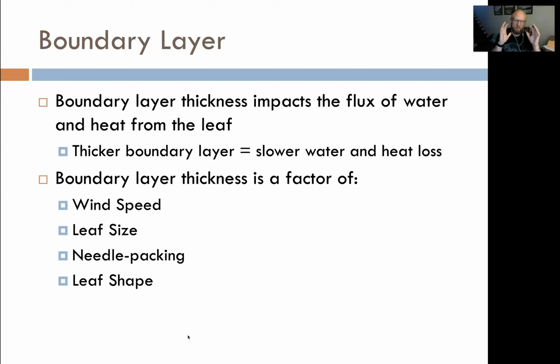So what happens on an evergreen gymnosperm, if it packs all of its needles together, is the boundary layer no longer acts on an individual leaf, it acts on the whole branch. And a whole branch is kind of like a really big leaf, right? So plants that can pack their needles together end up with a really thick boundary layer.